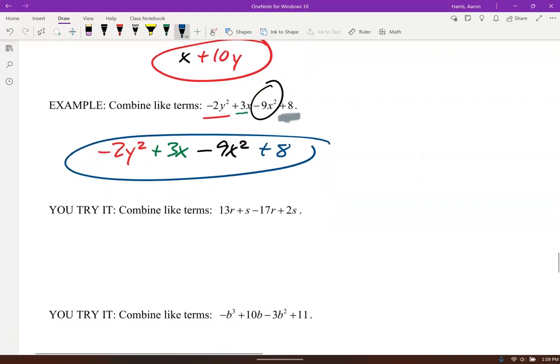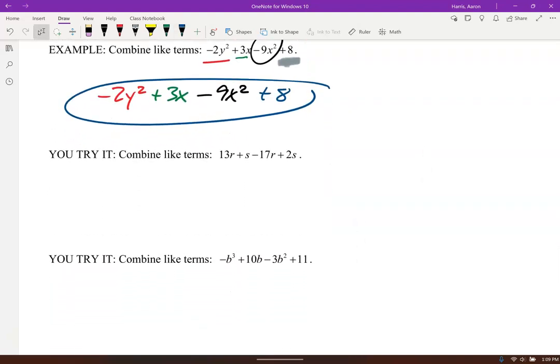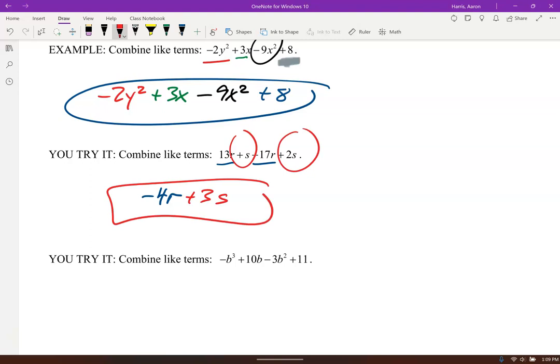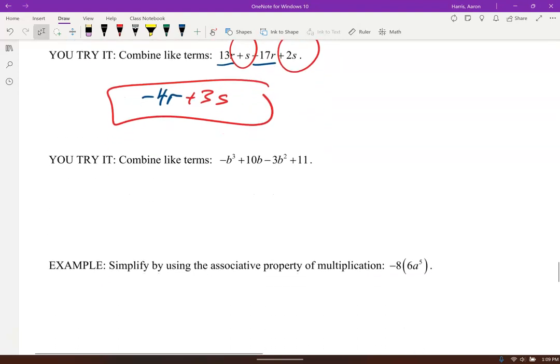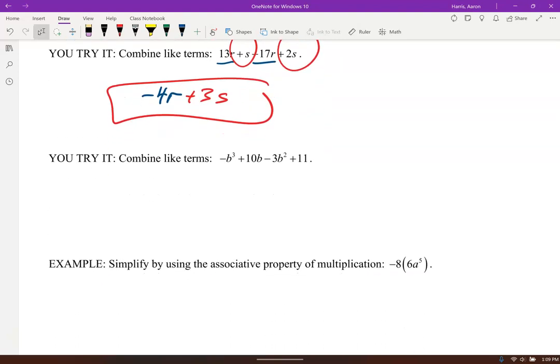Nothing to combine there. How about here? Is there any other r's? 13r minus 17r minus 4r. How about s plus a 2s? 1s plus 2s, 3s. Sorry, I got to kind of move you guys. Make sure I finish this before class is over. Is there any other b cubes? No. So minus b cubed, that's the only b cubed.